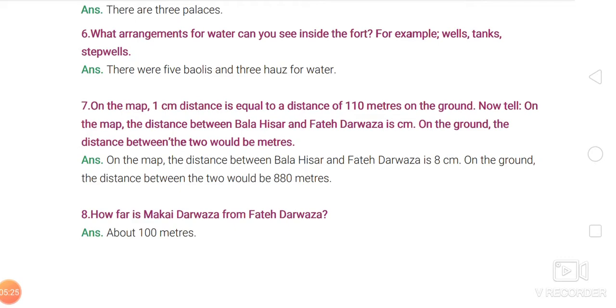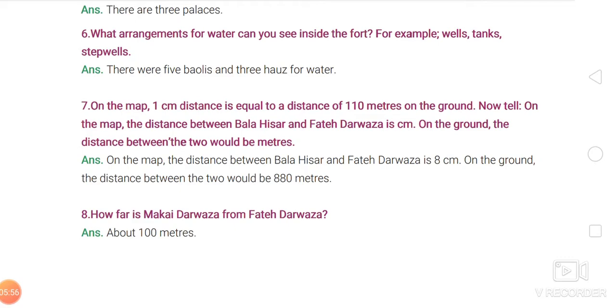So what happens, children, here? On the ground, the distances are actual distances and they are very large. But on the map, we can't take the actual distances. So we just take it in the form of a ratio. So that is what's shown here, that 1 centimeter distance with your scale, if you measure, then we make it clear that 1 centimeter is denoting 110 meters.